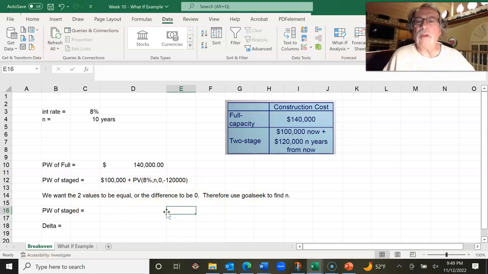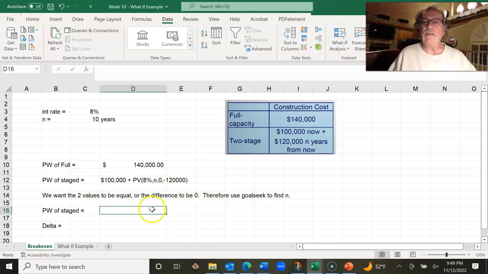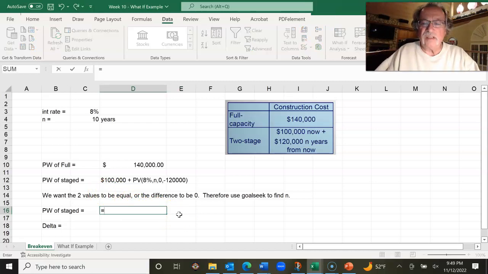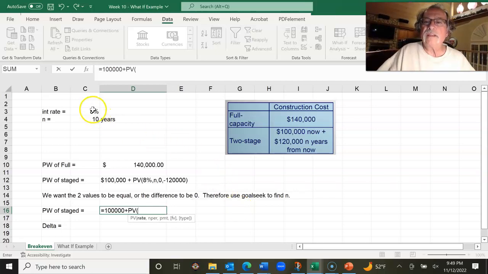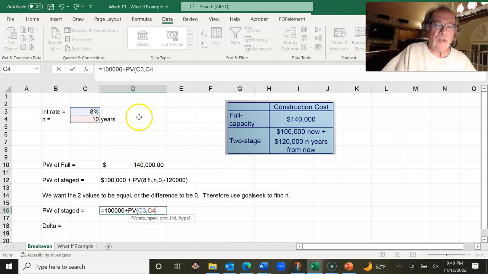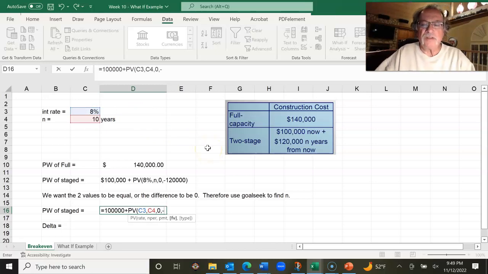So let's look at the present value of the two-stage construction. That's going to equal $100,000 plus the present value of the rate, which is 8%. We're going to set the life to be 10 years, just as an arbitrary placeholder number. We have 0 payments, and the future amount, we need to flip the signs, is minus $120,000.